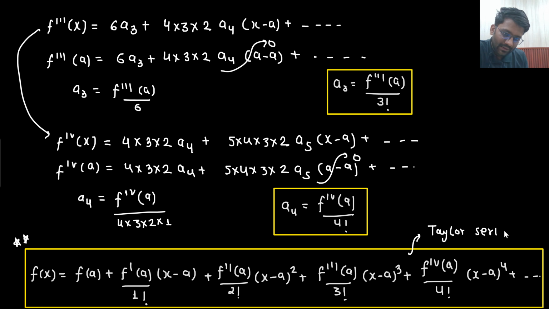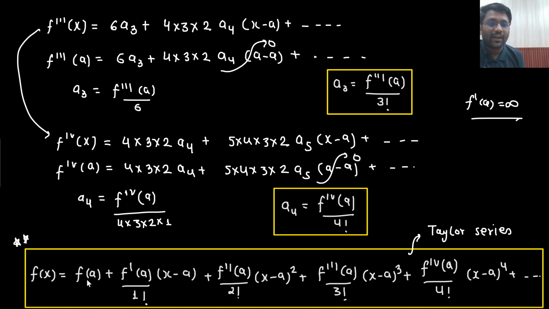Taylor series. And what is the necessary condition for the Taylor series to exist? Let's just say I was finding f(x) in this manner. I differentiated the function and then I put x equals to a. Now the value of my f dash a is coming out to be infinity. So will I be able to define in this manner? No. If my value of f double dash a is coming out to be infinity, will I be able to define?